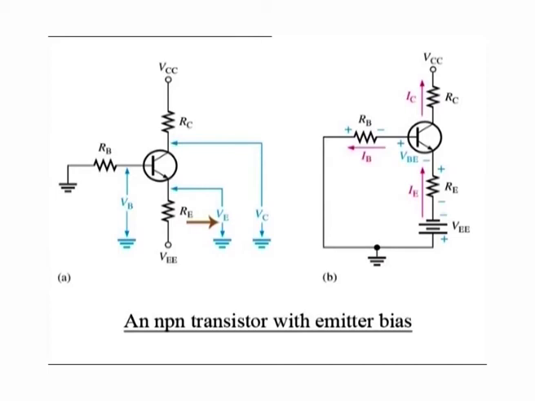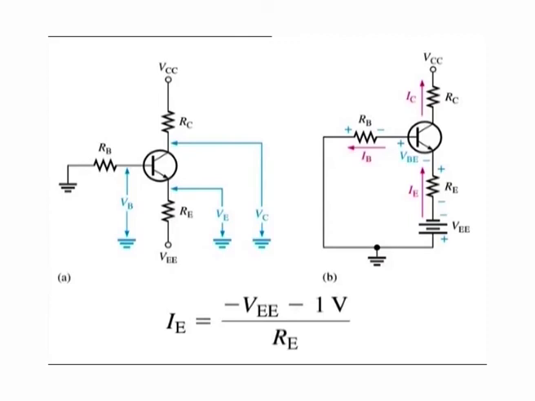The combination of this small drop across Rb and Vbe forces the emitter to be at approximately minus 1 volt. Using this approximation, you can obtain the emitter current as minus Vee minus 1 volt over Re, where Vee is entered as a negative value in this equation.